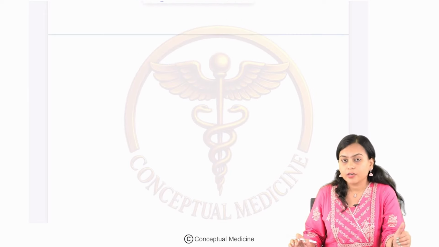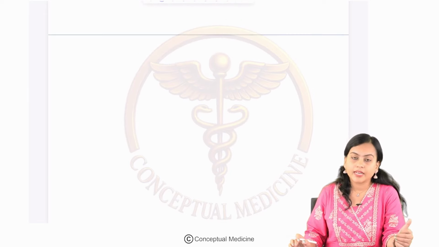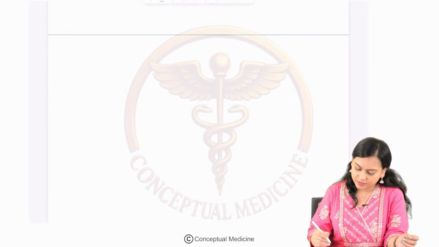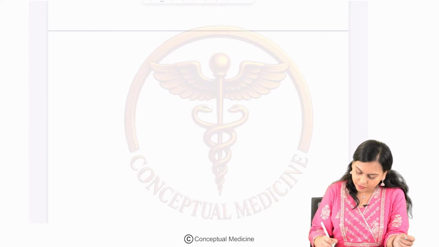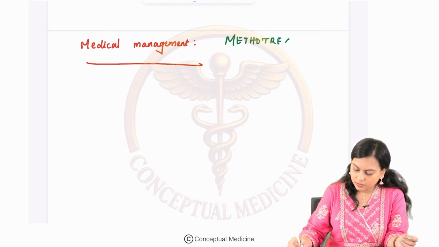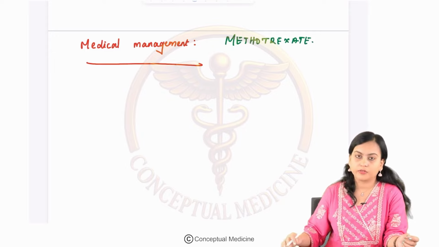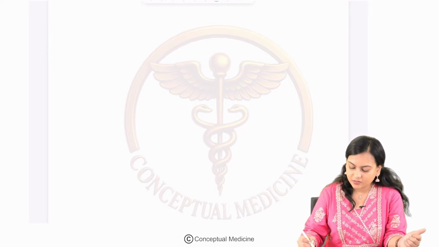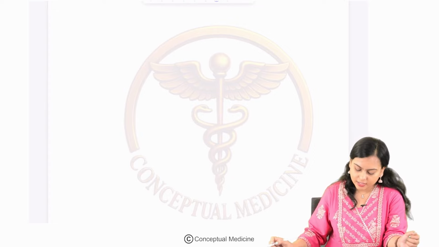Now, the most important drug that we use for medical management is, yes, methotrexate. So, medical management is done with methotrexate. First, we will see what is methotrexate, then we will go on for the regimens, right?